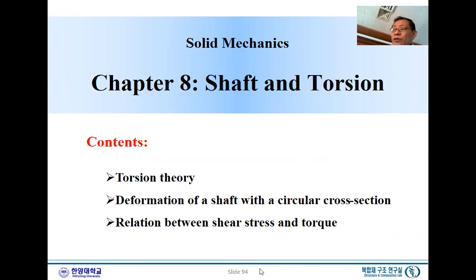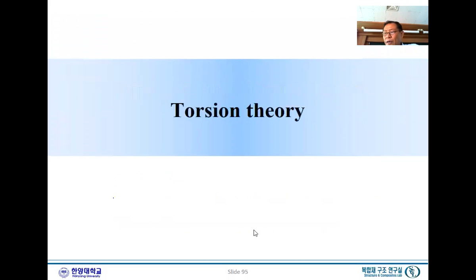Okay, so chapter 8, shaft and torsion. In this chapter, first we will derive the torsion theory and deformation of a shaft, mainly with a shaft of circular cross-section, and we will derive the relation between the shear stress caused by the torque which we apply.